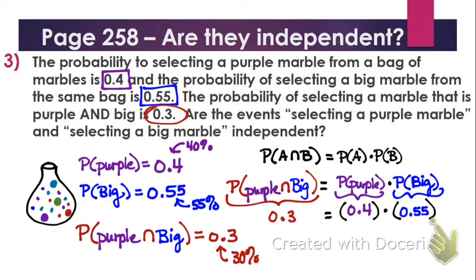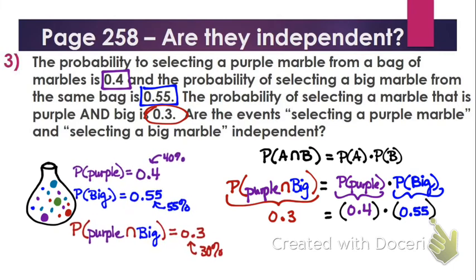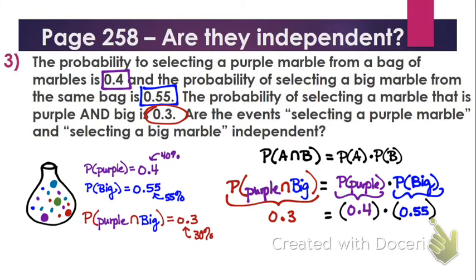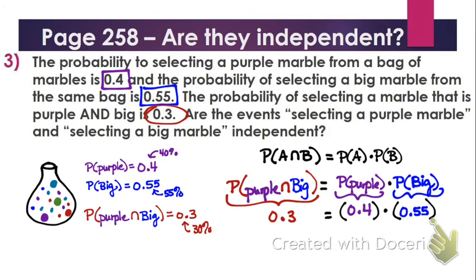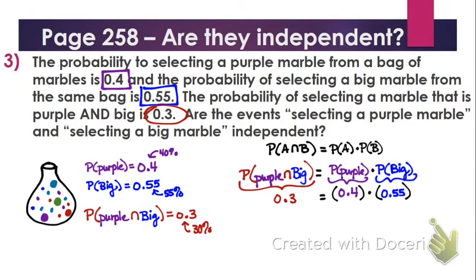So you're going to need to grab your calculators now. You're going to need to multiply these two decimals together, the 0.4 and the 0.55. What do you get when you multiply 0.4 with 0.55? 0.22. Is that equal to 0.3? No. What does that mean about this situation then?